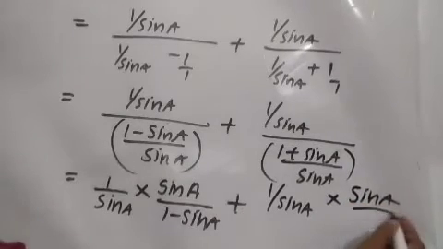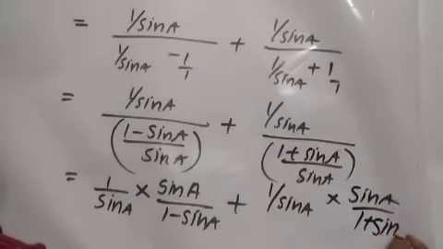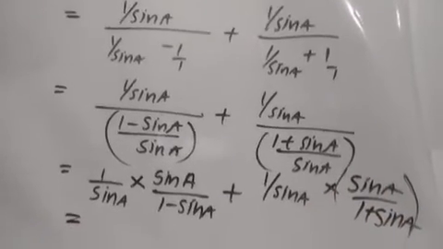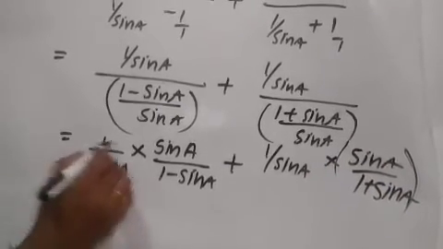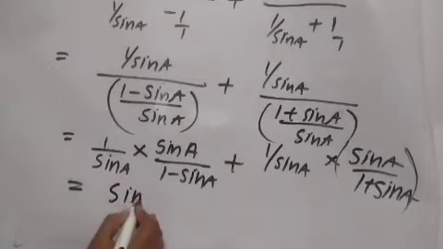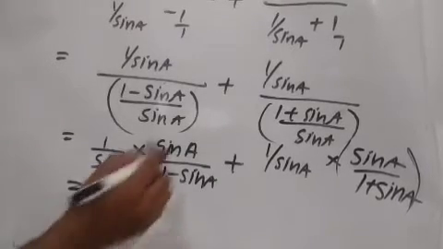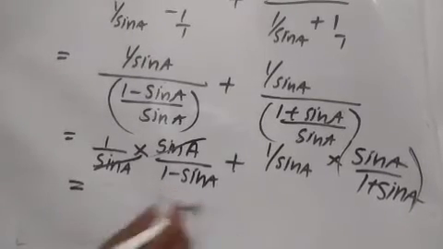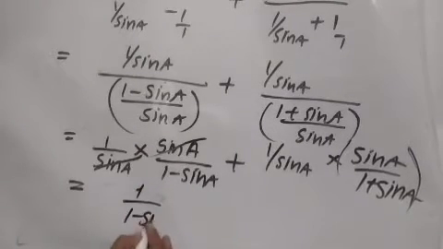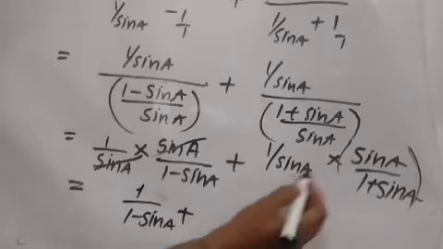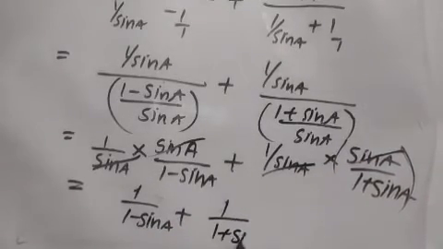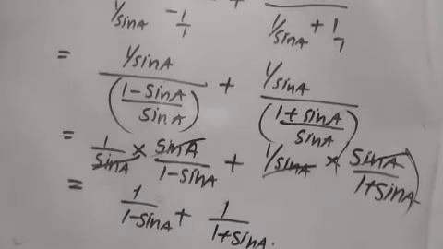That is sin A by 1 plus sin A. Now that is equal to sin A, 1 into sin A, sin A. And you can see this sin A and sin A can be cancelled also. So here only 1 by 1 minus sin A plus, here also, 1 by 1 plus sin A.